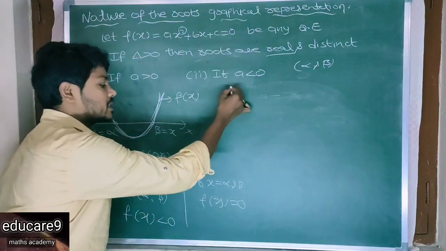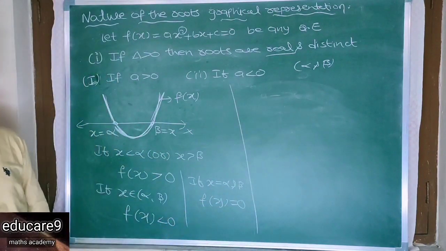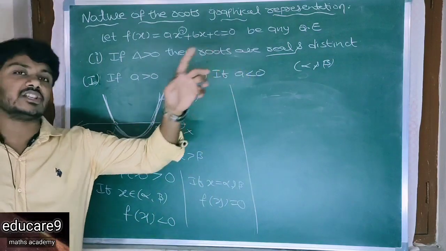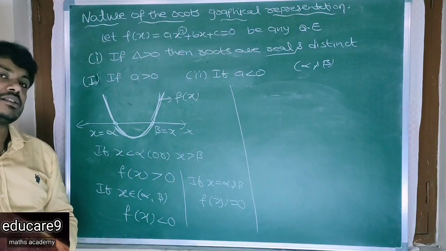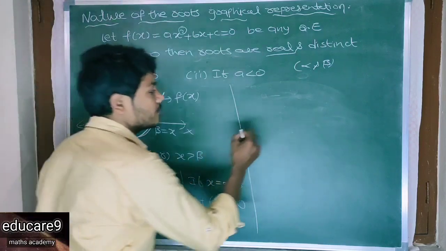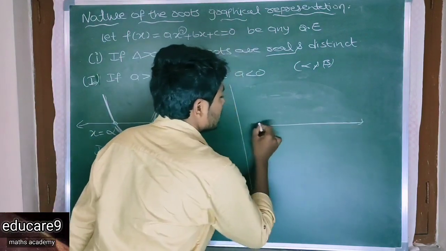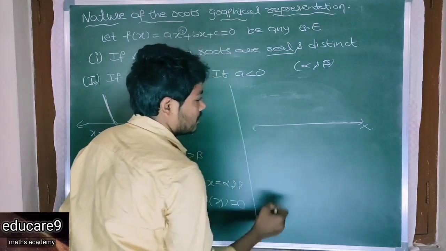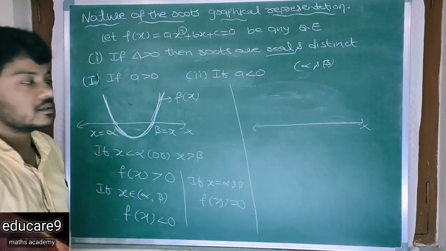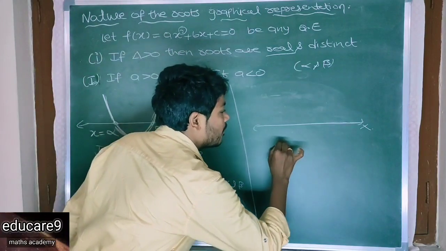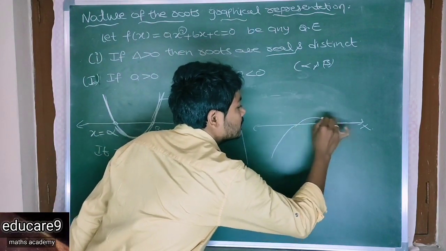So this is the first case. And the second one is, if a is less than 0, in that case the graph represents a downwards parabola. So the given graph looks like this.